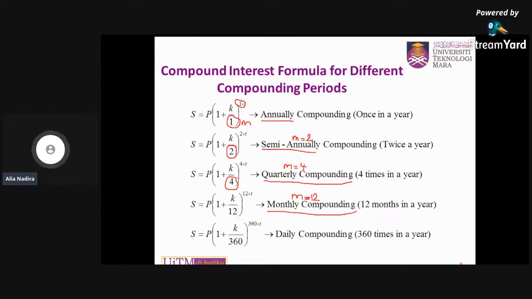Sebab apa 12? Sebab in a year kita ada 12 months kan? That's why for monthly compounding dia jadi M is 12. Okay, then we have daily compounding. So M is 360. Okay, why? Because we have 360 days in a year. So kita still guna bankers rule. That's why we took 360.